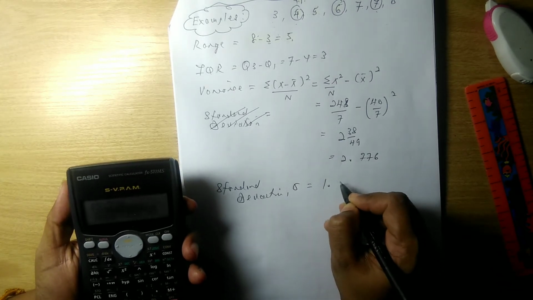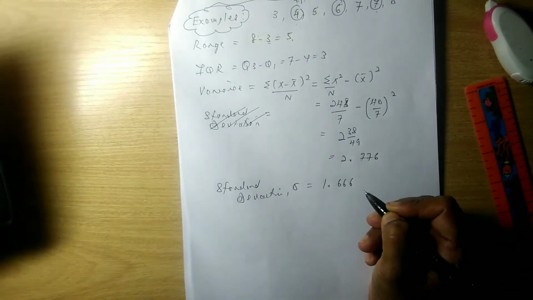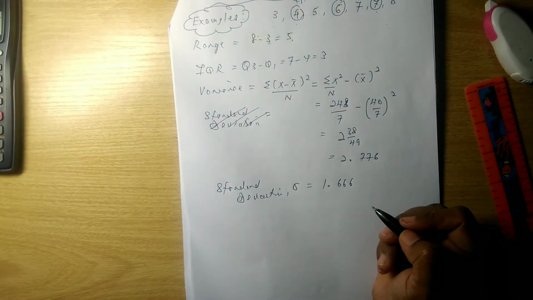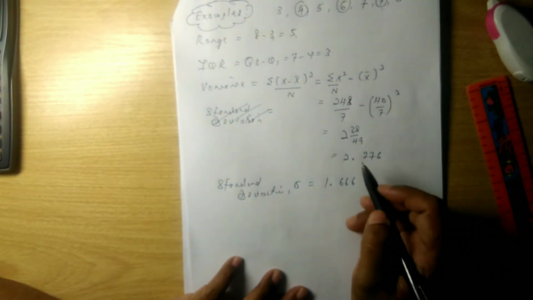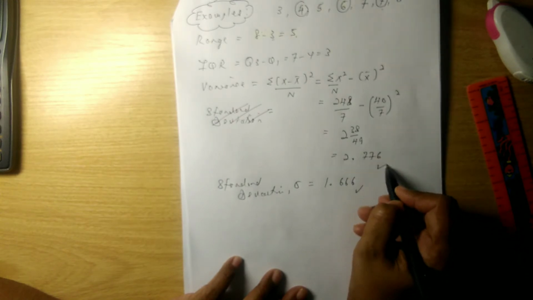So that's the value for the original numbers. This is your standard deviation, your variance, your range, and your interquartile range.